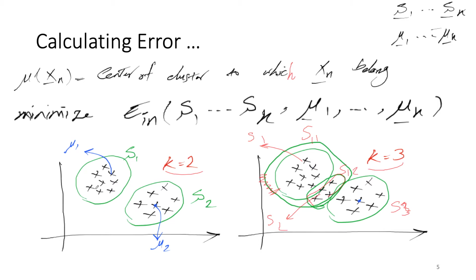It turned out that if we break these clusters into two like this, we would have this minimization in a better place, right? So this one would be S1, this one would be S2, and this one would be S3.